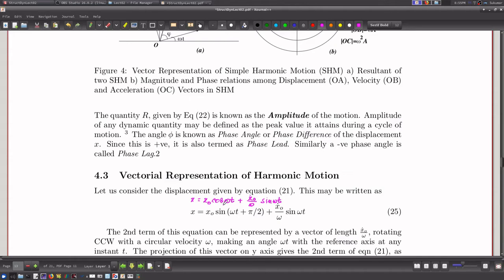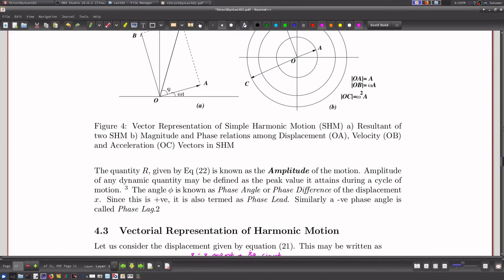Now you know that the phase difference between cosine and sine term is pi by 2. Therefore, instead of cos omega t, I can write sine omega t plus pi by 2. And this term will remain same. In that case, now if I express this second term as a vector, I can assume that this length is x dot naught by omega.